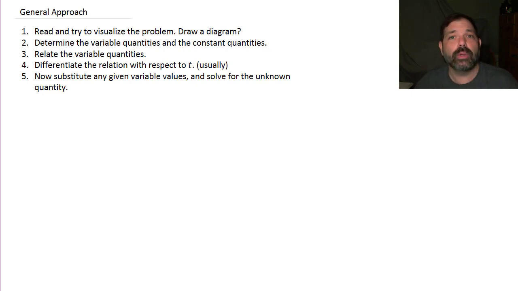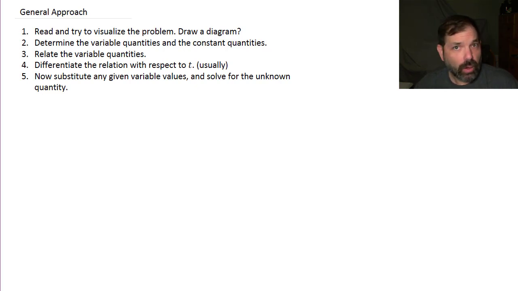But it doesn't have to be with respect to time. That just happens to be what we normally see. And then finally, I substituted the known variable quantities, the values. We knew at that moment that the volume was changing with a certain rate, and we knew the radius was at a certain value. And so we were able to then solve for the unknown quantity. So that's a general approach to these.